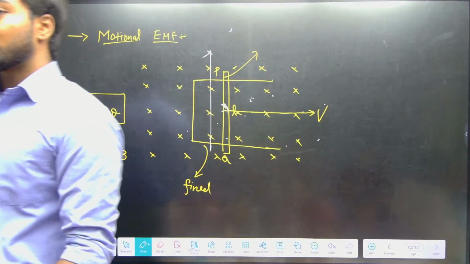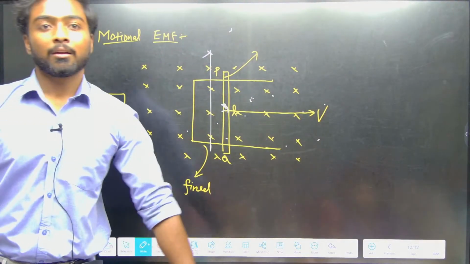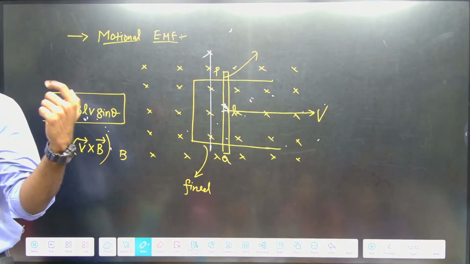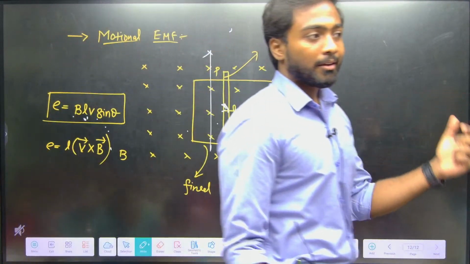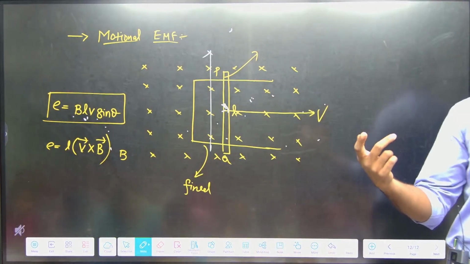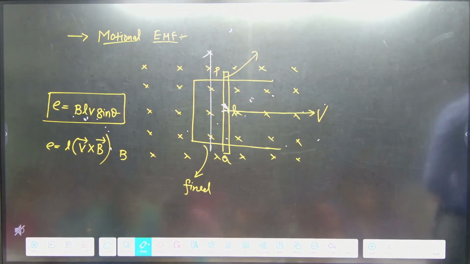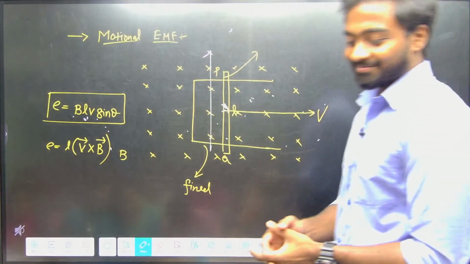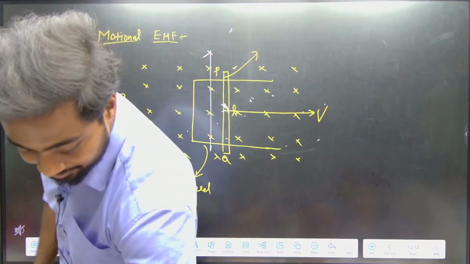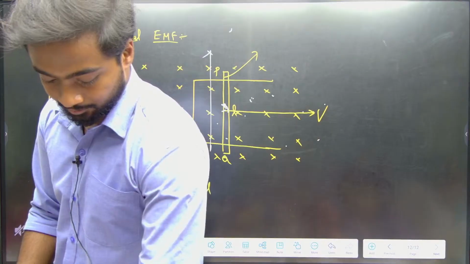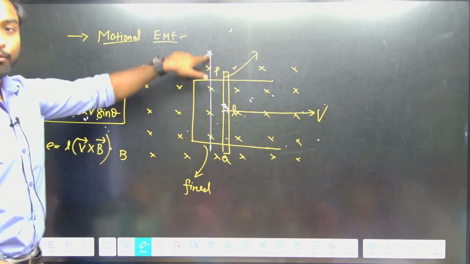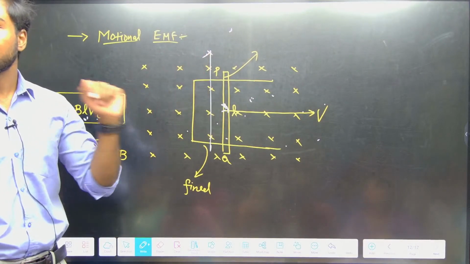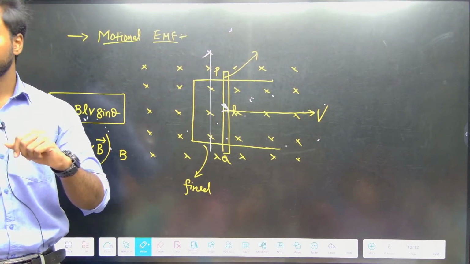In moving charges and magnetism, we use the left hand rule, which is FMC. Here it is CBI. Now, current is flowing in this direction. What is the flow of electrons, if they are asking? The opposite direction, no?